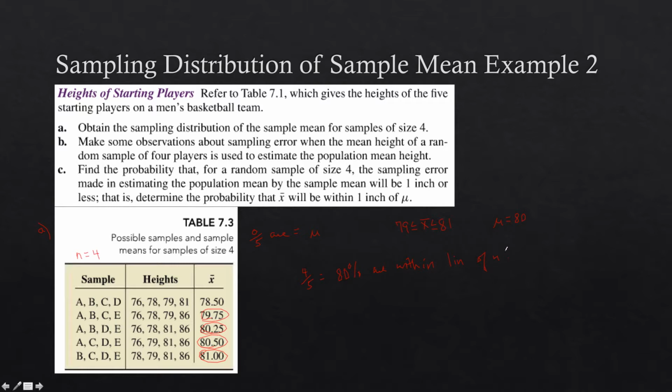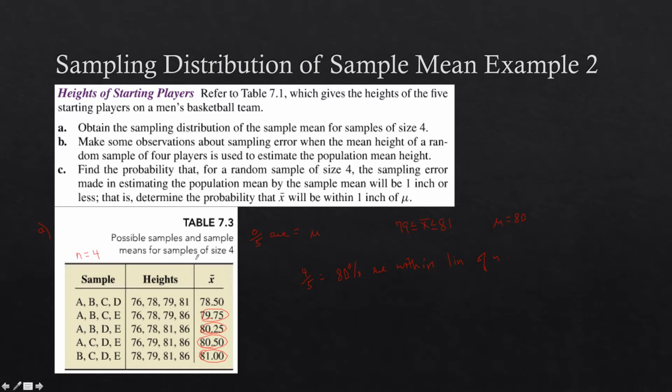Now, that's very interesting, isn't it? What did you notice there? When we went from a sample size of 2 to a sample size of 4, what do you notice about letter C? There were more that were closer to the mean, right? Even though we had none that equaled the mean, we did have 4 that were within 1 inch of the mean.